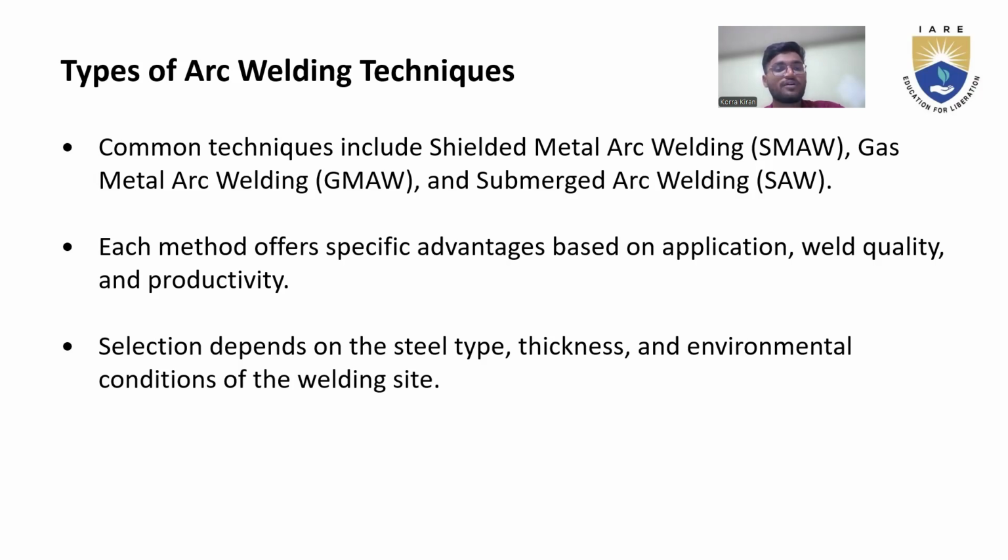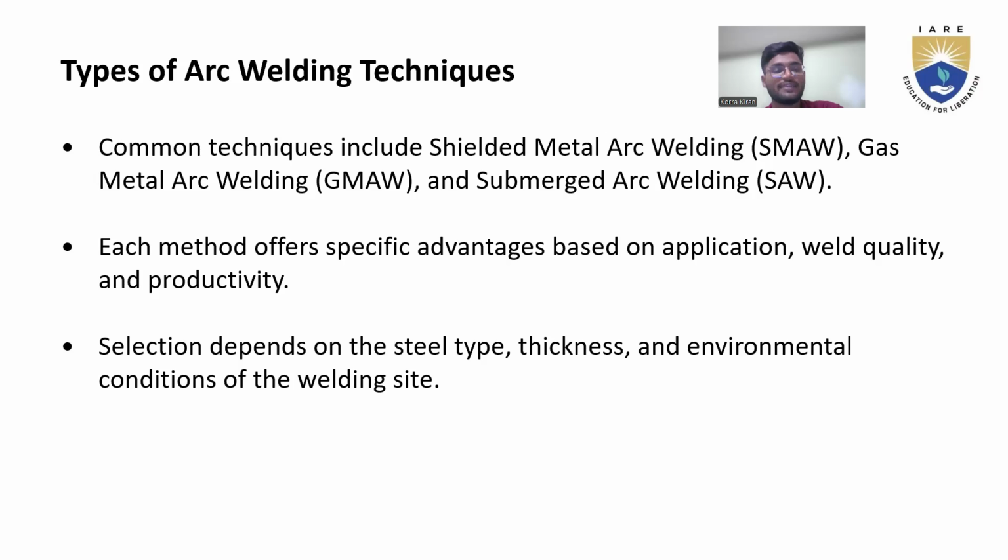Mainly SMAW, which is shielded metal arc welding, and gas metal arc welding. Each method offers specific advantages based on the application, weld quality, and productivity. These methods suit different applications based on the property and structure.